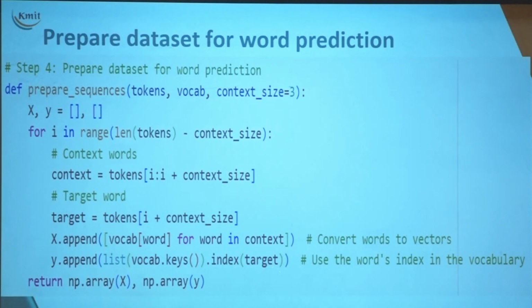You are trying to build another function called prepare sequences. How many parameters is it taking? It is taking the tokens that are generated and the vocabulary that you just built. What did the vocabulary hold? Tokens and their randomly generated vectors.